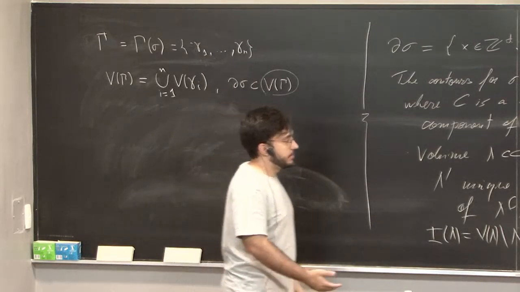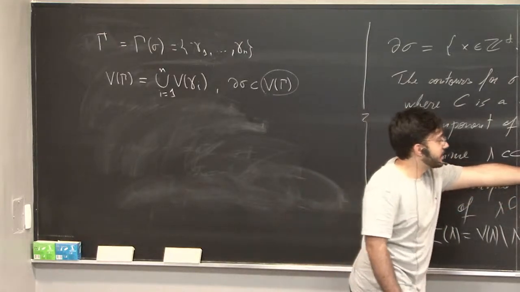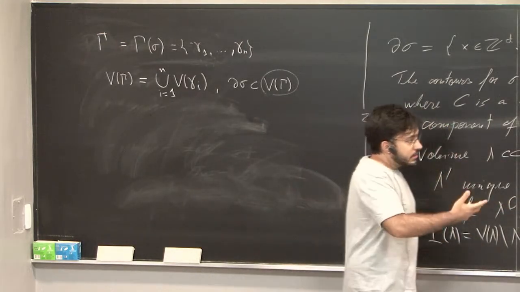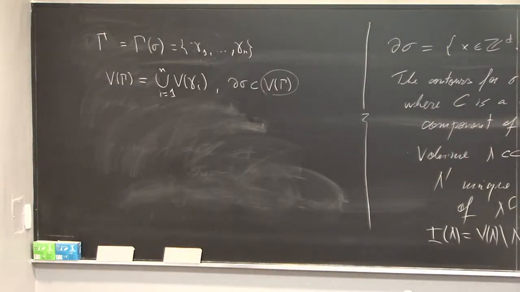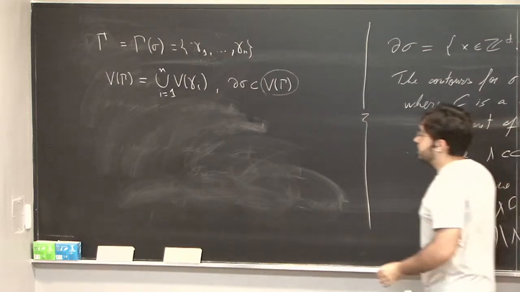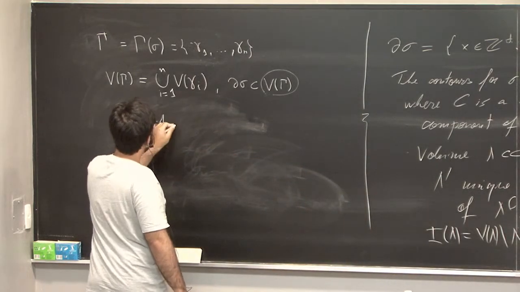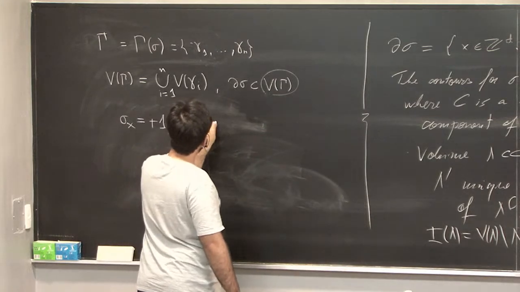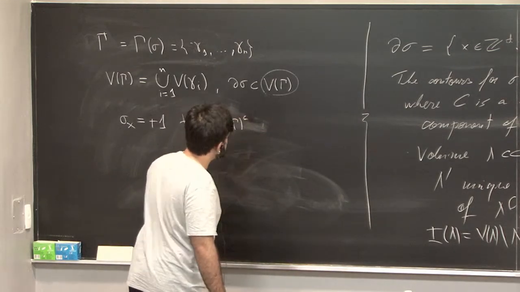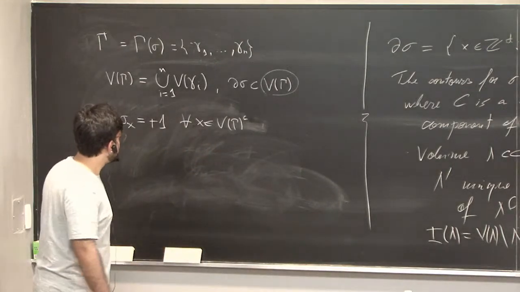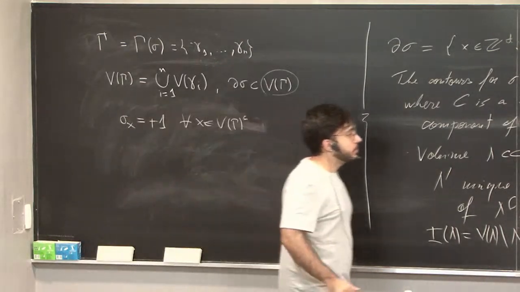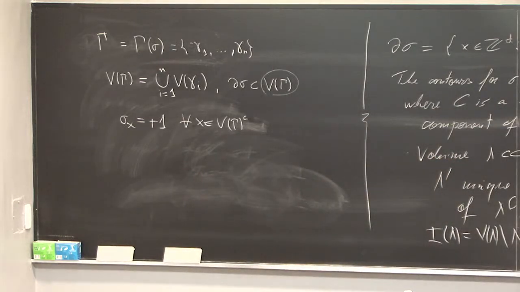Actually, it's just the definition, okay? It will be exactly the unbounded component. And since the boundary condition is plus 1, this means that the sign of the spin will be plus 1 for every x outside V gamma. Okay? So we will use this input to calculate this thing over here.